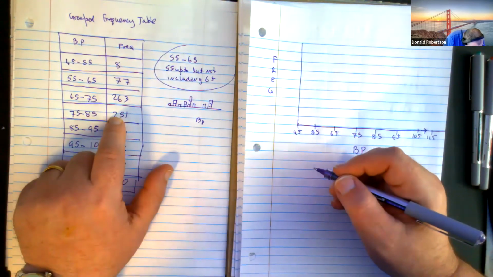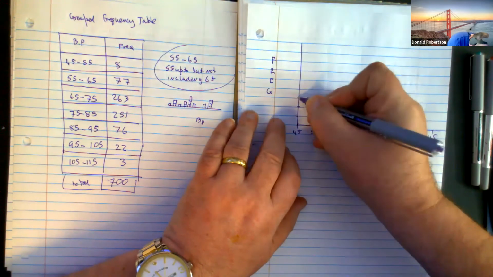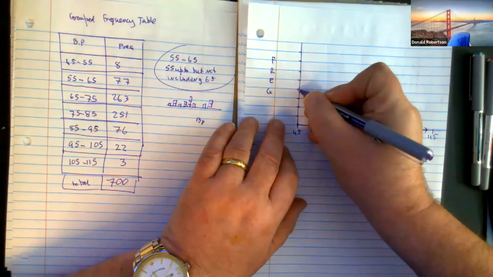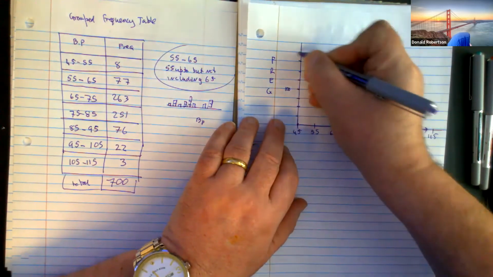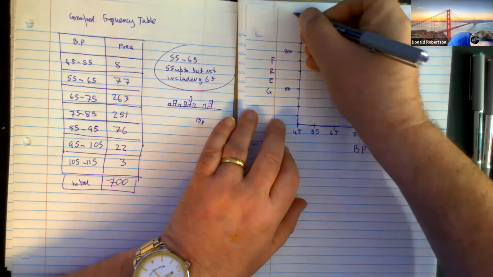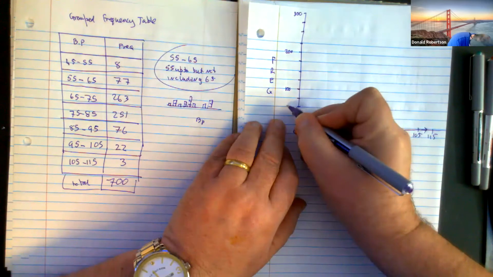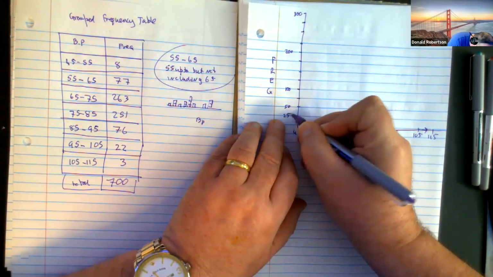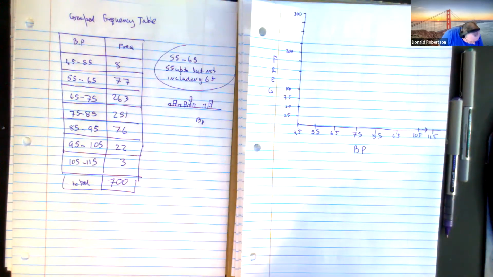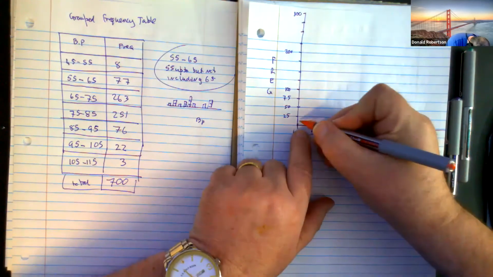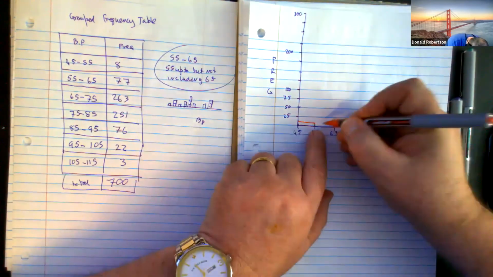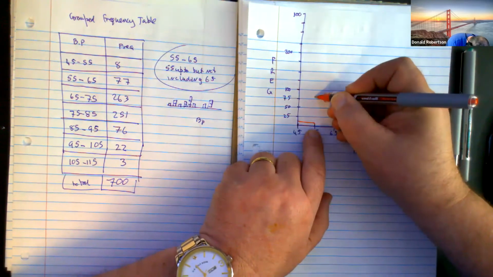Now the first group is 8, so what do I need? I need 260, so okay, 1, 2, 3, 4, that's 100, 200, there's 300, and so I'm going up in 25s if you're wondering. I'll skip the others because it takes too long. Right, so 45 to 55 is 8, which is about there. Then 55 to 65 is about 77, so it's just a tiny bit above that one.